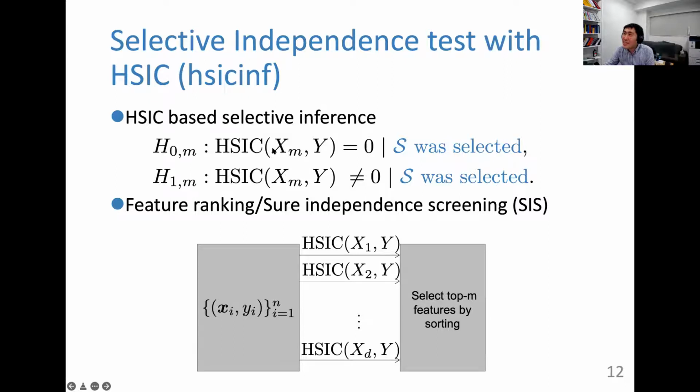Generally, if we think about all 10 selected features, I think we need to do the correction. But if we want to check only one particular feature, then I don't think we need the correction.